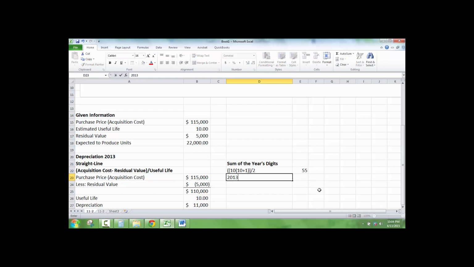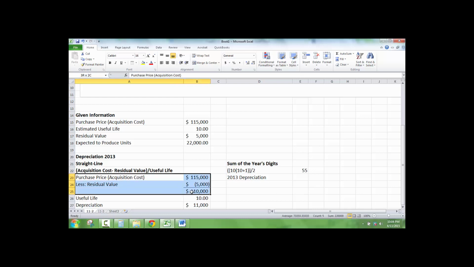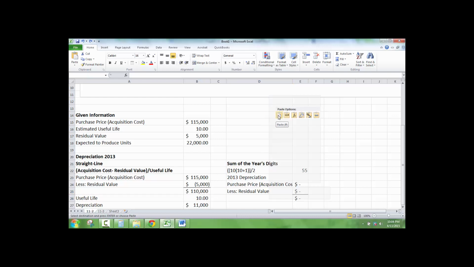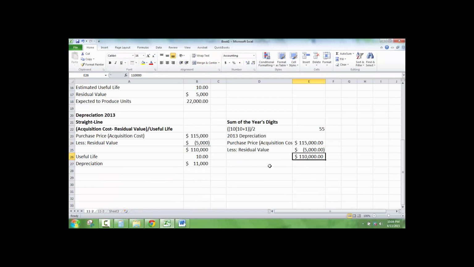So in 2013, depreciation is, so you take 110, sum of years digit formula equals 10 years remaining divided by the 55 years.